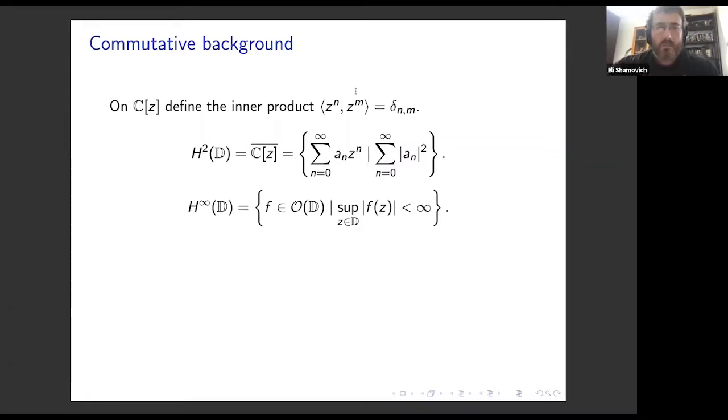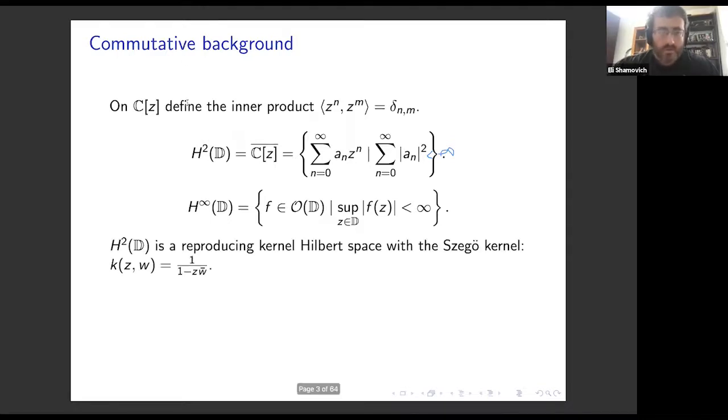The H2 is the completion of the polynomial ring with respect to the inner product which makes all the monomials an orthonormal basis. What's so special about these? Well, we all know that it's a reproducing kernel Hilbert space, as we just saw. And the reproducing kernel is the Szegő kernel.